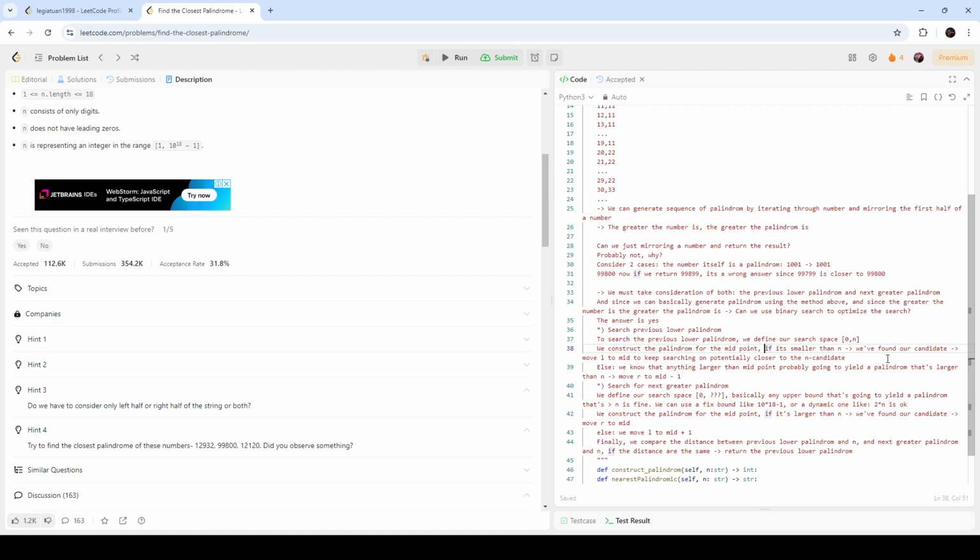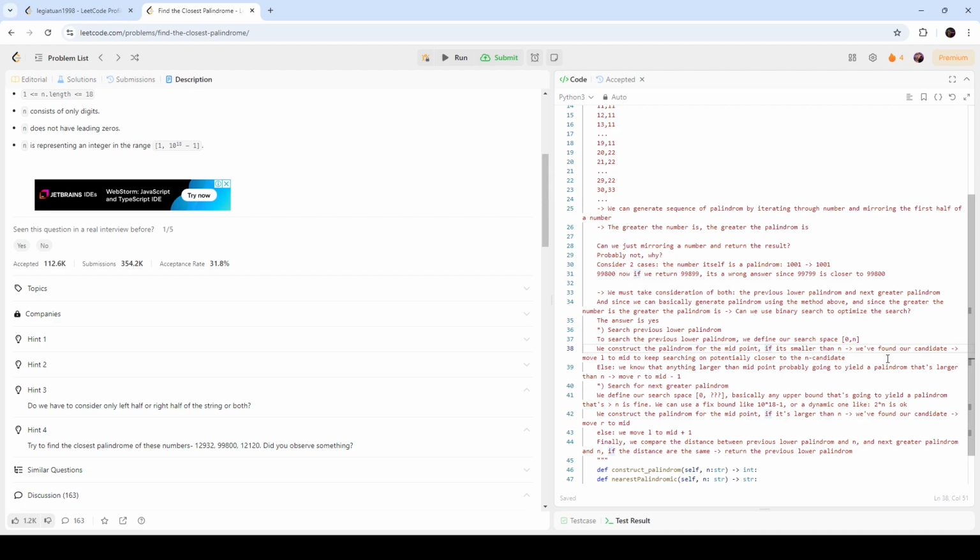Else, if the palindrome that we construct for the midpoint is actually larger than n, we need to lower our search space.